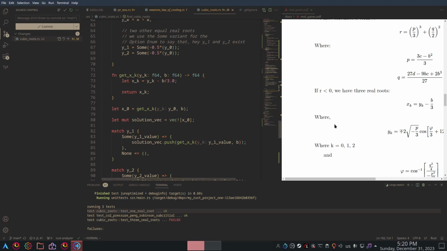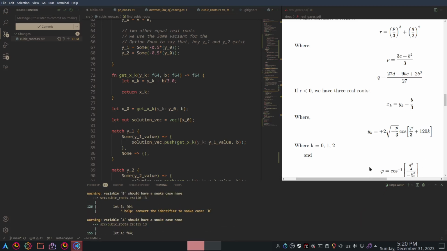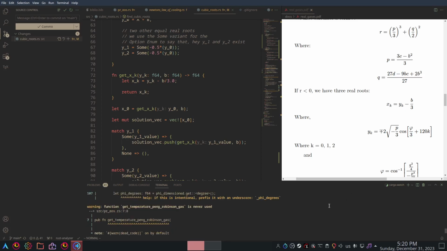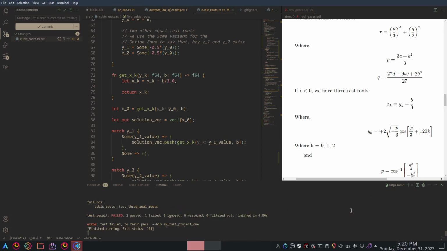So maybe one other possibility is that this formula here has something a little off with it. Maybe it is not accurate enough. Maybe it's an approximation. I don't really know. We see the roots are pretty close, but not that close, maybe within 10% of the real roots that we saw just now. So we'll need to think of some other way.